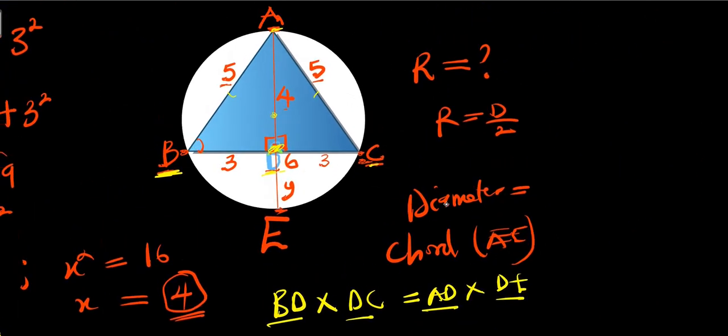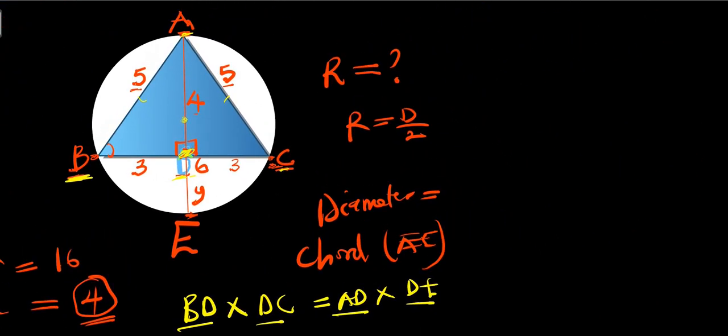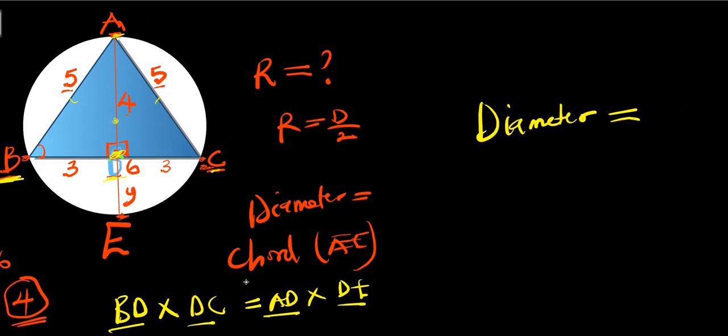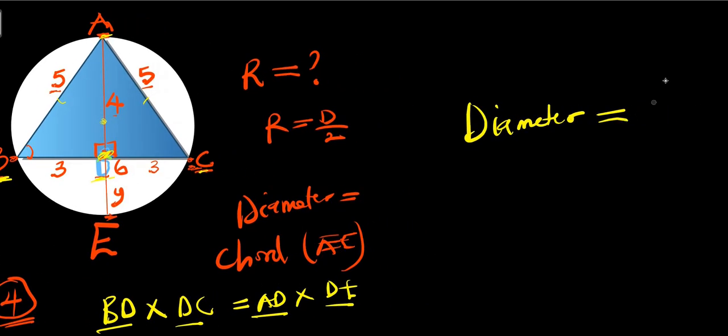Now, the total diameter is AE, which is AD plus DE. And we have gotten our DE, which is 9/4. So this equals AD plus DE, and our AD is 4 units.